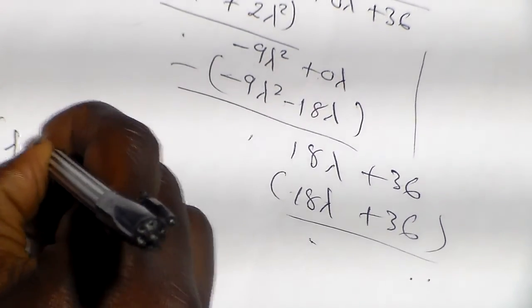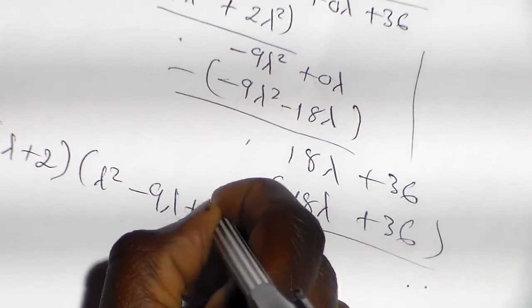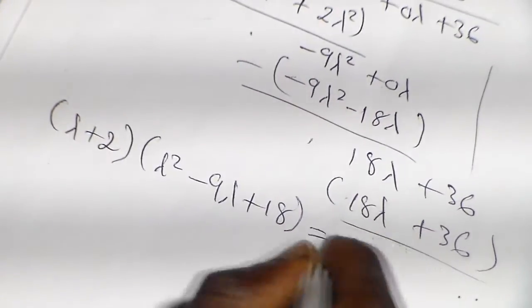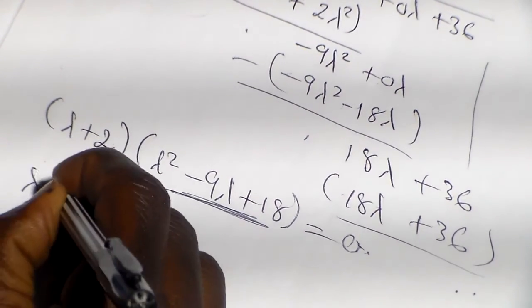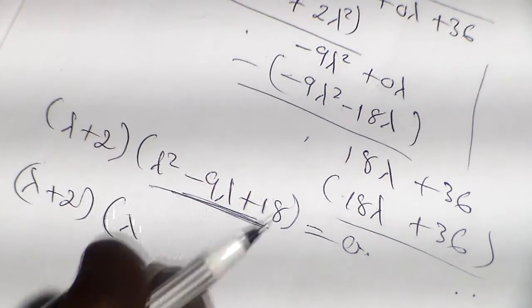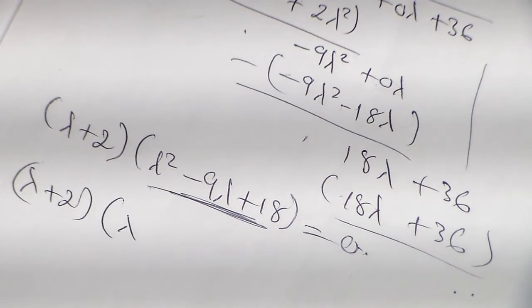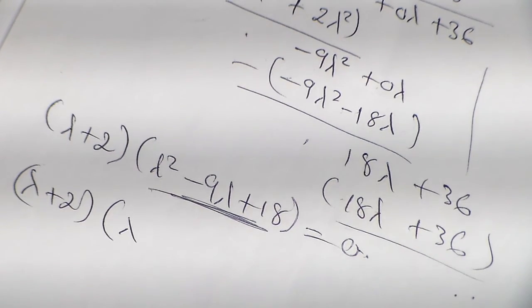So we are saying lambda plus 2 times lambda squared minus 9 lambda plus 18 is equal to 0. We factorize this so that we can find the factors for lambda squared minus 9 lambda plus 18.